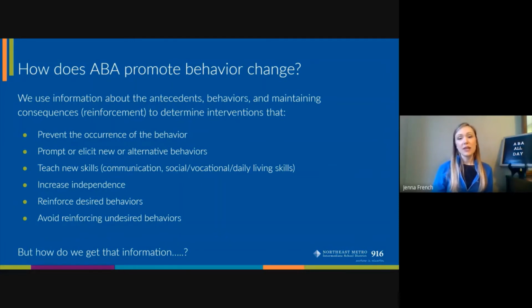So how does ABA promote behavior change? We use information about the antecedents, behaviors, and maintaining consequences or reinforcement to determine interventions that might prevent the occurrence of the behavior, that might prompt or elicit new or alternative behaviors, that teach new skills, whether it's communication, social, vocational, or daily living skills, interventions that increase independence for individuals, and also reinforce desired behaviors while avoiding the reinforcement for undesired behaviors.